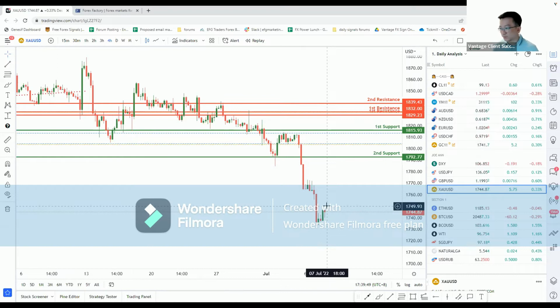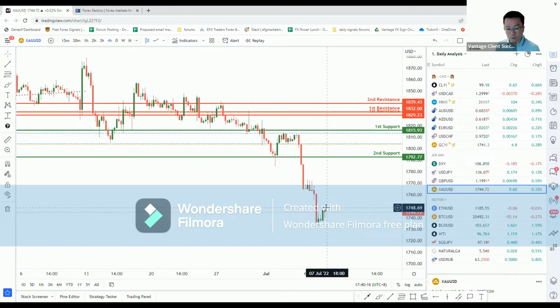So within this range, this weakness in gold is primarily because of that strength in the dollar. As that dollar was climbing, we have actually seen gold dropping, usually with the recessionary concerns or ideas that a global recession could be occurring.